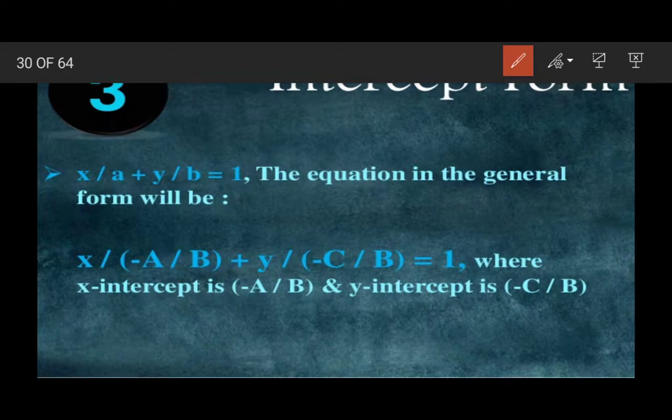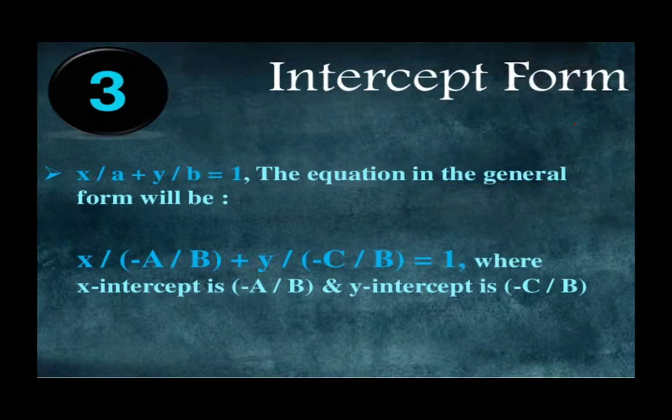In simple terms, suppose this is the line L1 and this intercept is A and this intercept is B. Then the intercept form is x upon the x-intercept, that is x upon A, plus y upon the y-intercept, which is B, equal to 1. So this one is the intercept form.